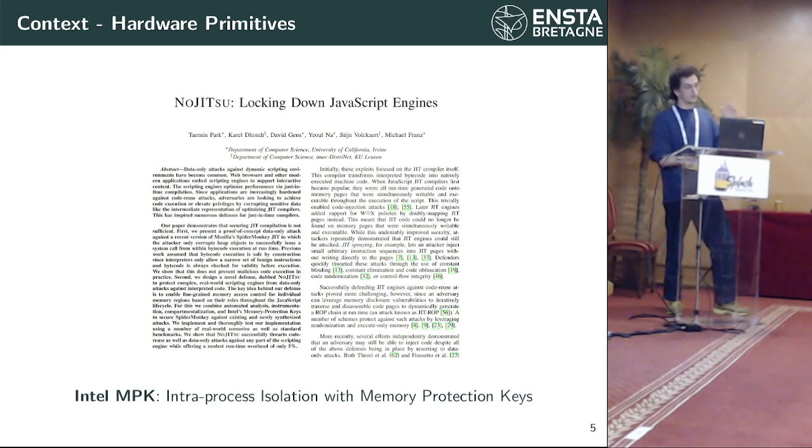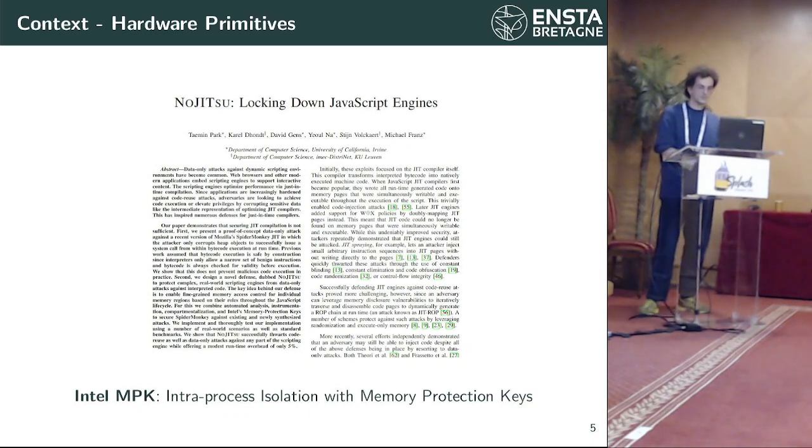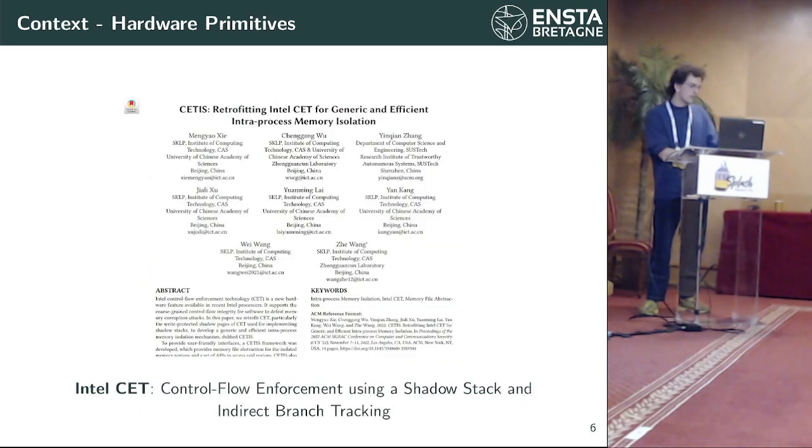They manage to handle some of the permission checks in user space and accelerate while keeping security guarantees. And the last one, which dates from last year, is called CITIS. It uses Intel CET, which is a control flow enforcement technique that stores a shadow stack somewhere in memory, and that also performs indirect branch tracking.